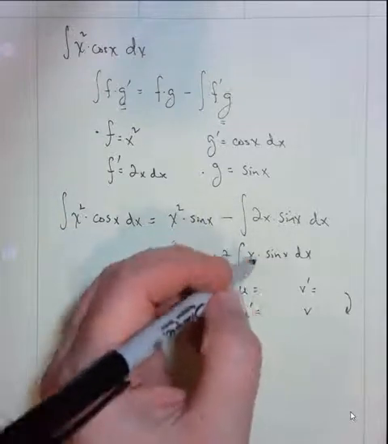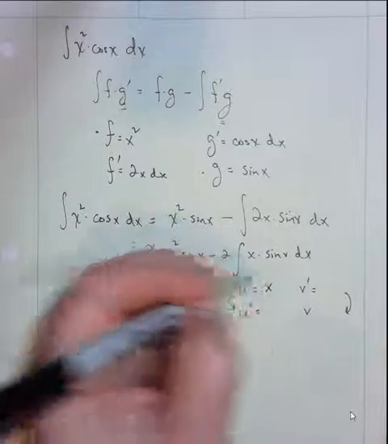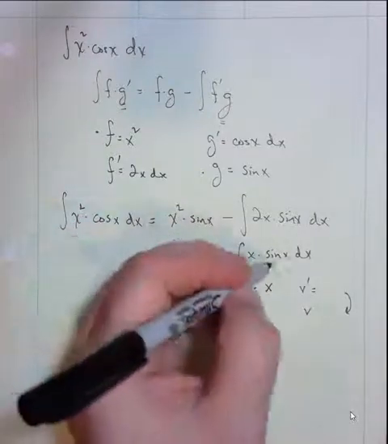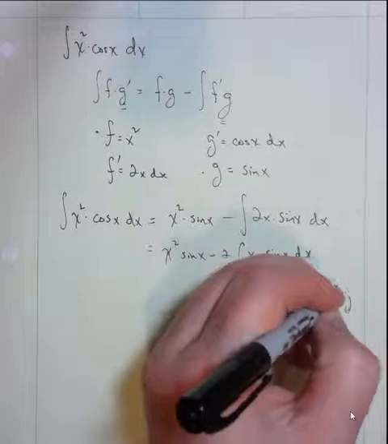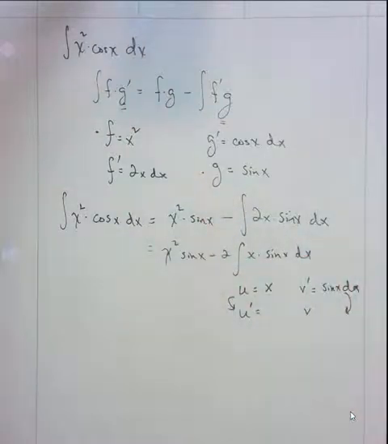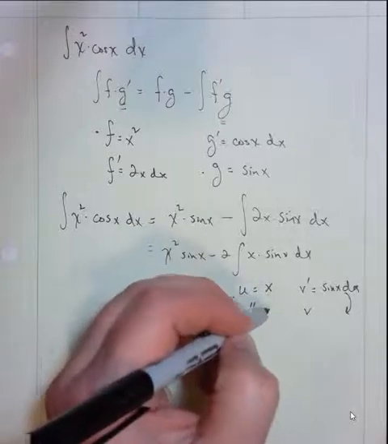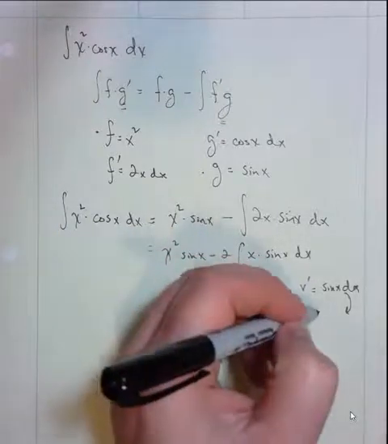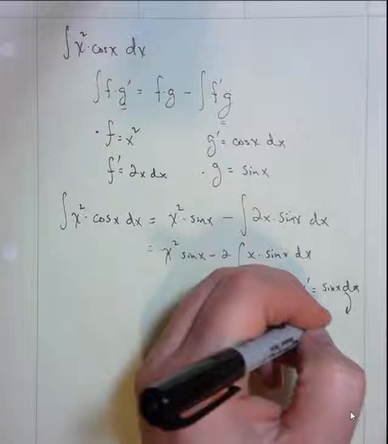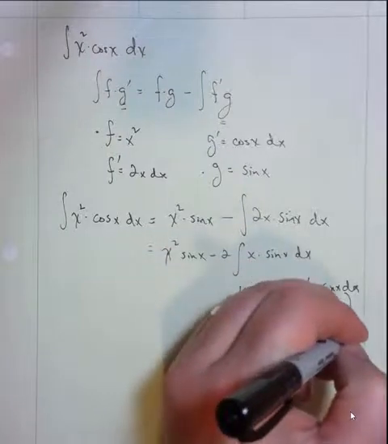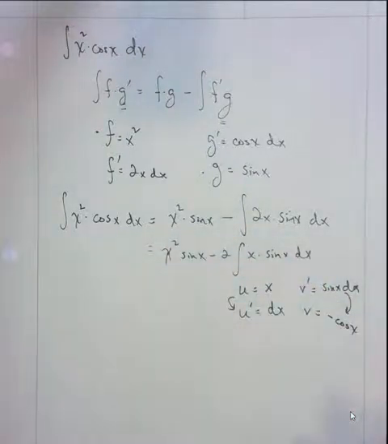So let's let the piece we're going to swap out for its derivative be x, which leaves everything else as the piece that's about to be swapped out for its antiderivative. If u is x, u prime is just dx. And if v prime is sine of x, then v is negative cosine of x. And again, plus c, but that'll wait.